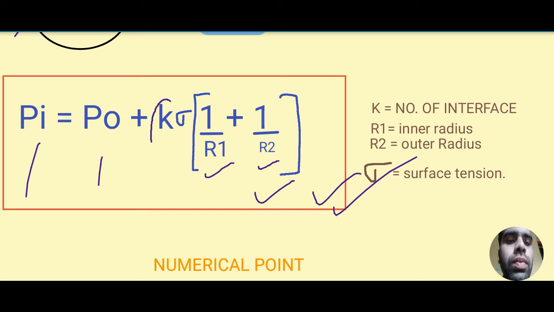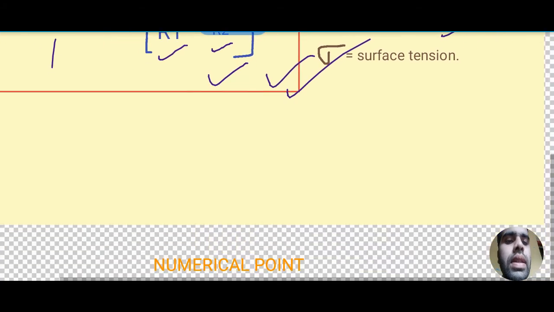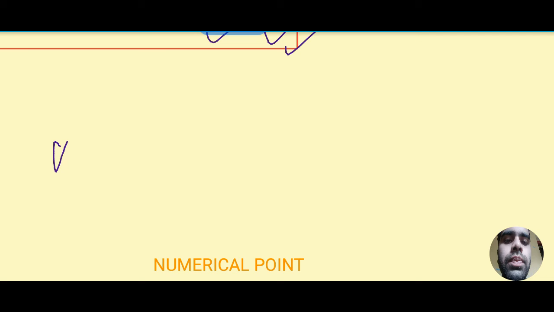K value will depend on the number of interfaces. Okay, I will discuss it later. Sigma is the surface tension, r1 is the inner radius and r2 is the outer radius. So what is K? Suppose we take a bubble.